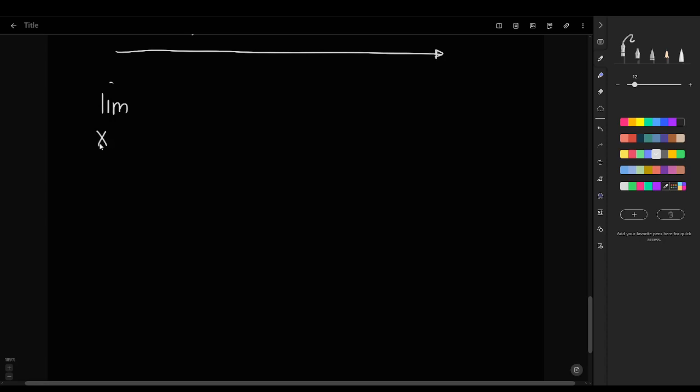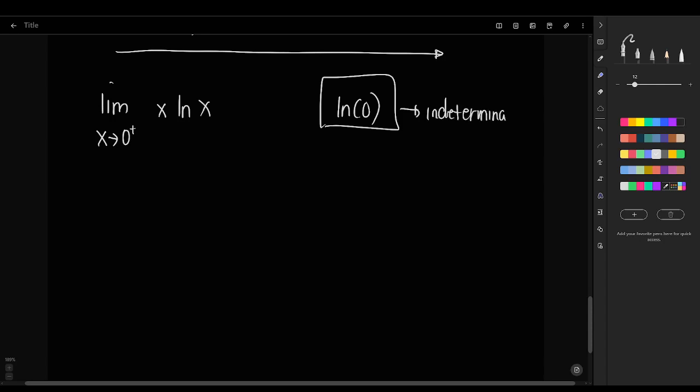Why is it an indeterminate form? Because ln of 0 is undefined, we could not have a value of this. If you type it in the calculator, it will lead you to a math error. And so this is indeterminate.